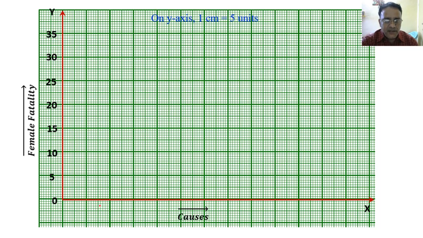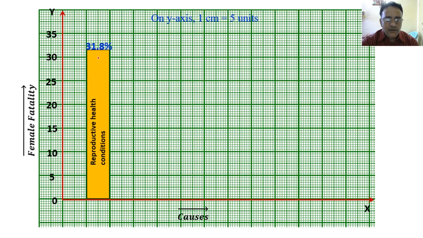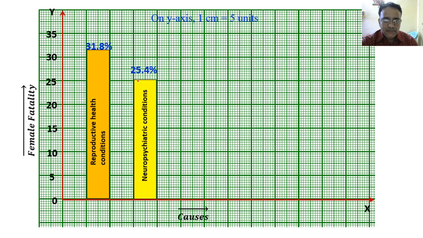So we are going to make the bar in this area. So it has come up to here. This is 31.8 and the cause, whatever is given, I wrote inside the bar. You can write here also, no issue. The next one is 25.4. So 25.4 will come over here.